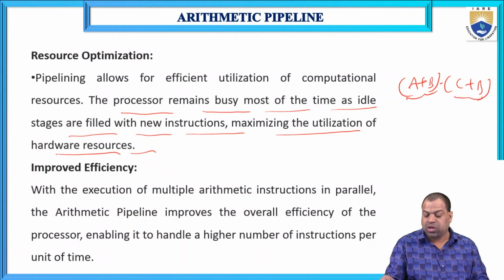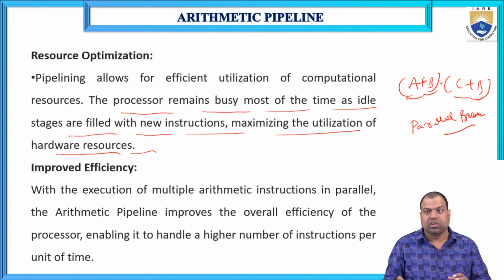Suppose here I'm going to use parallel processing. So are you utilizing this parallel processing? Yes, I am utilizing this parallel processing. So when the processor is idle, new instructions should be utilized, maximizing the hardware resources.